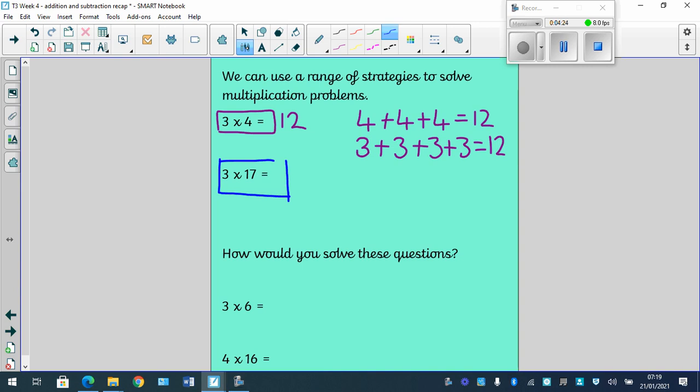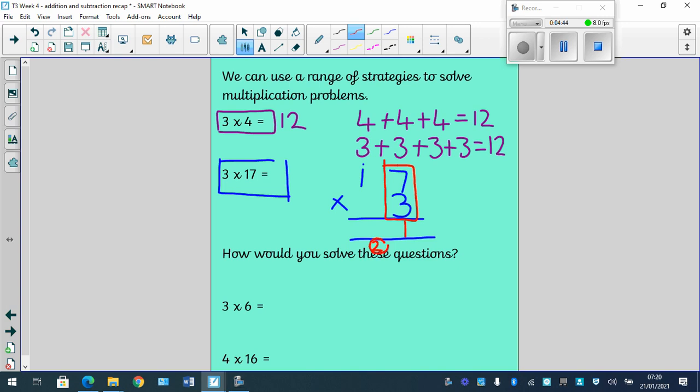Remember, bigger number on the top, separated into tens and ones, the 3 in the ones column, equal sign, multiplication sign. First of all, 7 times 3 equals 21.